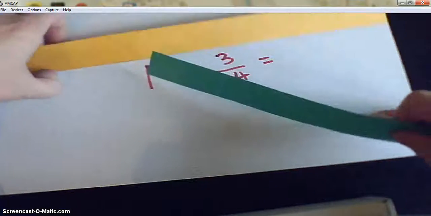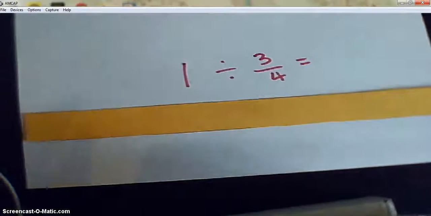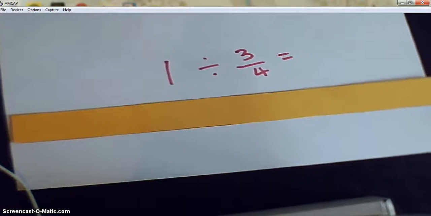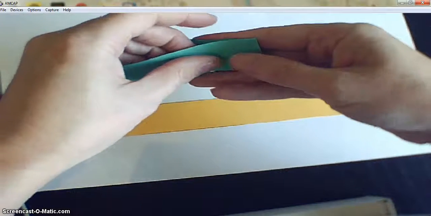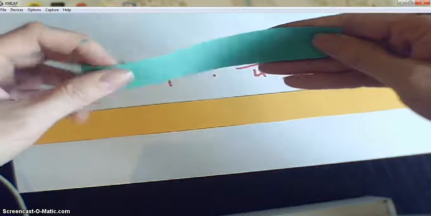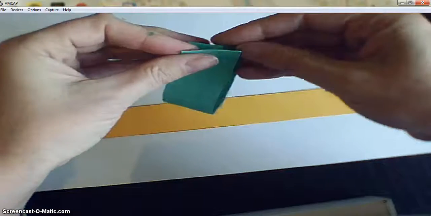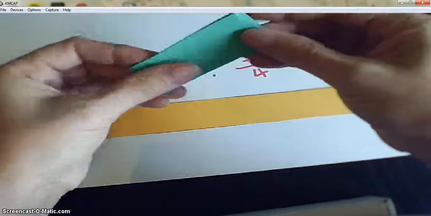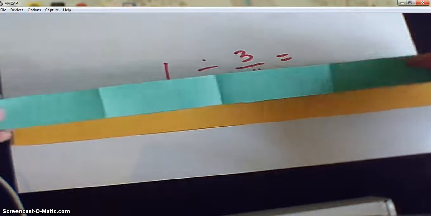Okay, so this means on this sheet here, let's see the whole of my strip. I'll put it into 4 pieces. This will be easier if I actually fold it properly. And then I need to just look to see that I've got my 4 pieces, 1, 2, 3, 4.